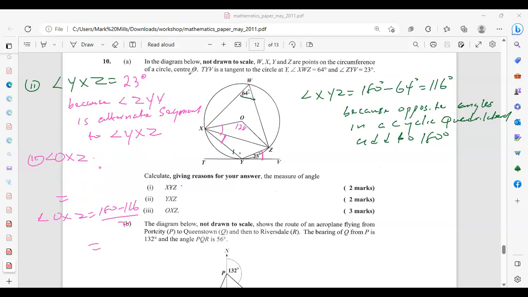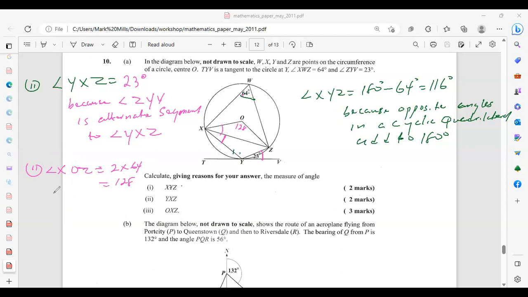So before I can answer the question, I need to find that answer first. You subtract, right? Because we want to find that one. First, I needed to find what is XOZ, which will be 2 times 64, which gives me 128.